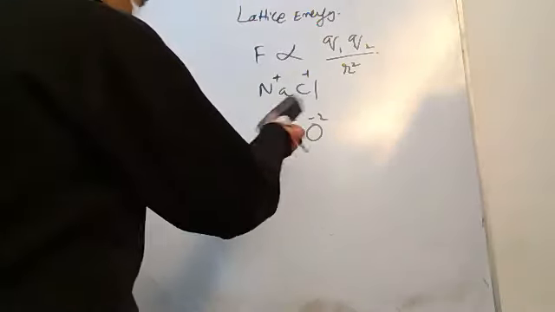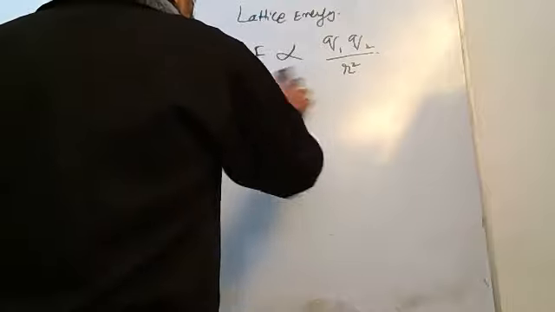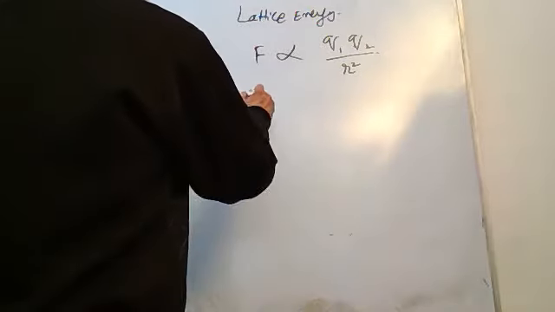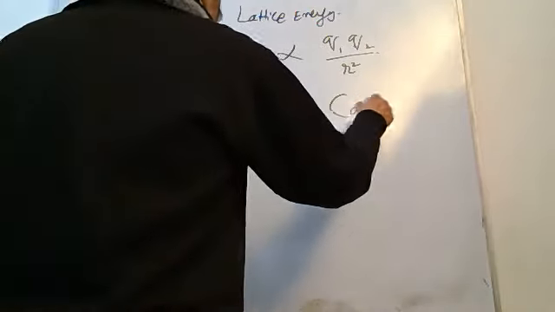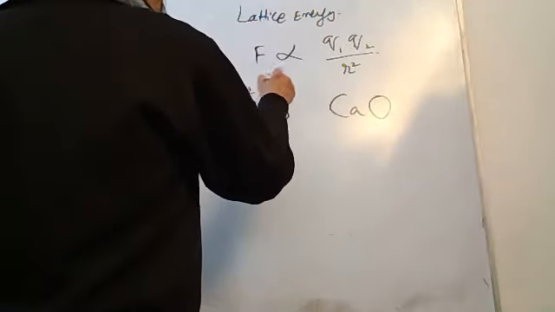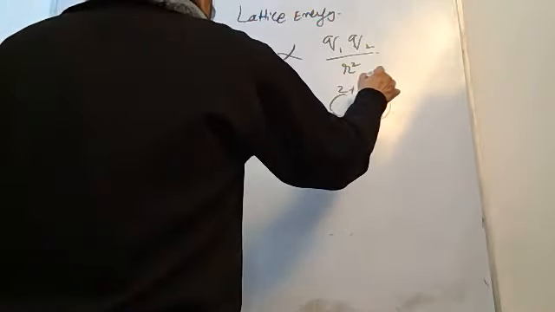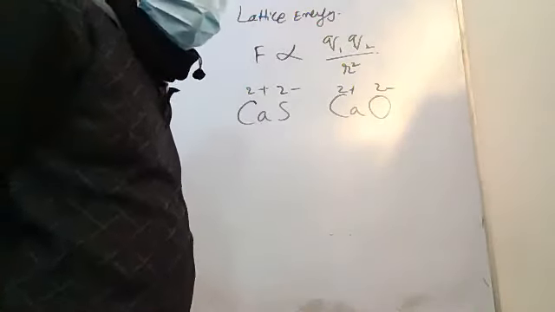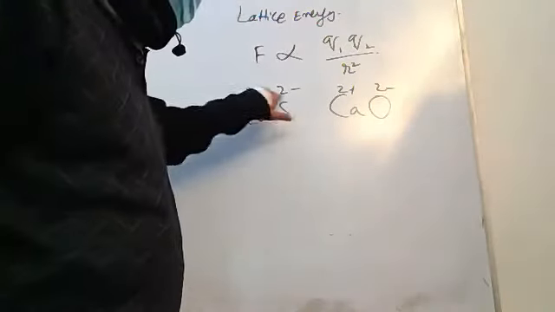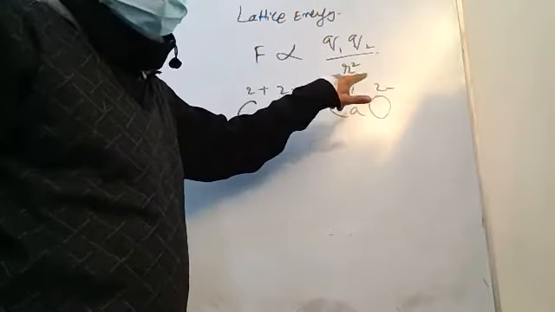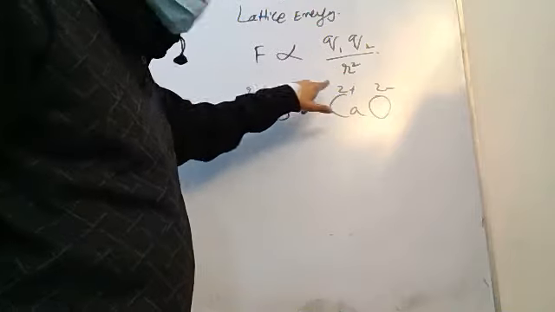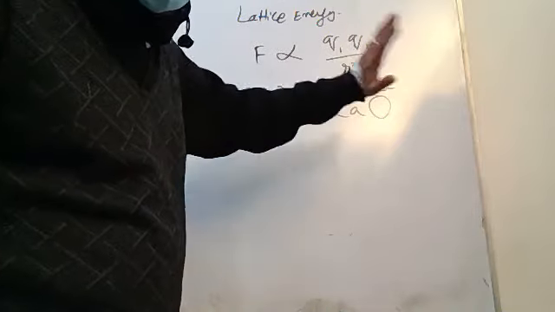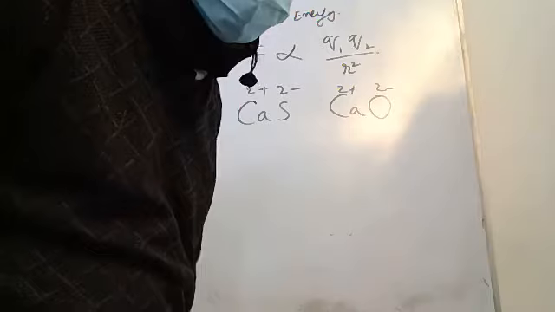So that's one thing. Suppose if I have same charges like calcium oxide and calcium sulfide, which one should have higher lattice energy? Because charges are same. If the charges are same, only then you go to the sizes. If the charges are different, then you go by the charge alone. You don't have to worry about size.